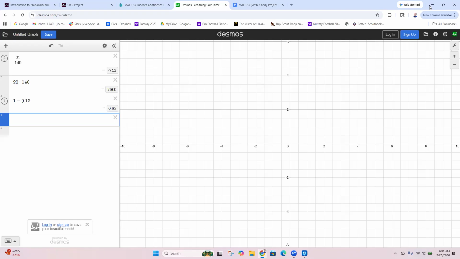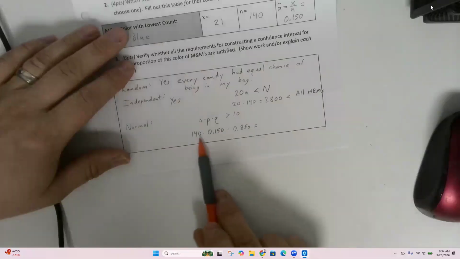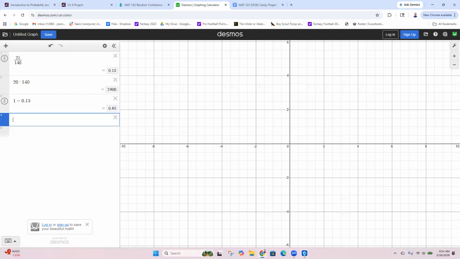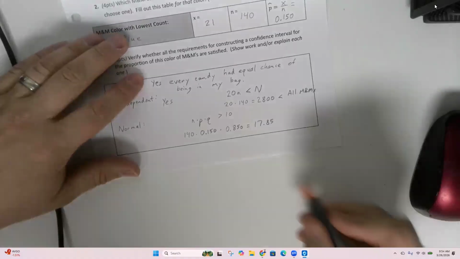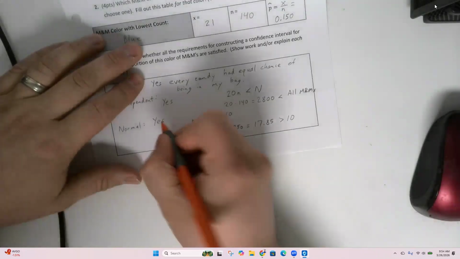So I need to multiply these three together, N times P times Q. 140 times 0.15 times 0.85, and I get 17.85. Is that bigger than 10? Yes, it is. So I am good.